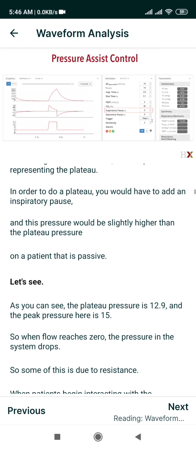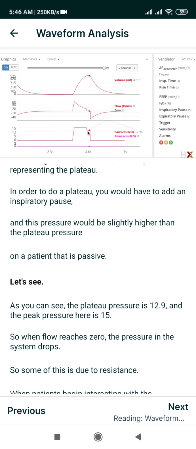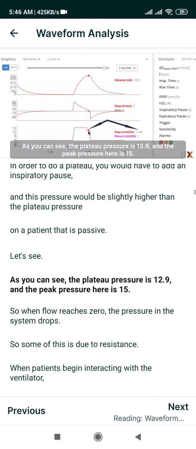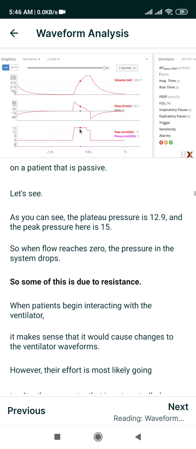Let's see. As you can see, the plateau pressure is 12.9, and the peak pressure here is 15. So when flow reaches 0, the pressure in the system drops. So some of this is due to resistance.